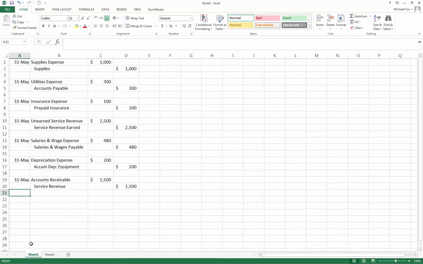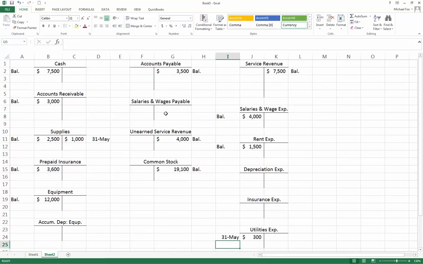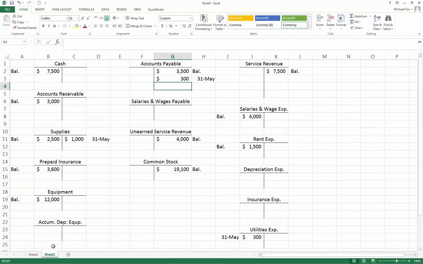And we have to do this for each transaction. The next one, utilities expense of $300 and accounts payable of $300. So utilities expense, $300, and accounts payable, credited $300. Next transaction, insurance expense, debit $100, prepaid insurance, credit $100.